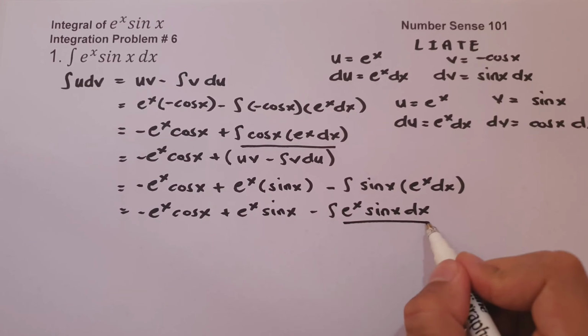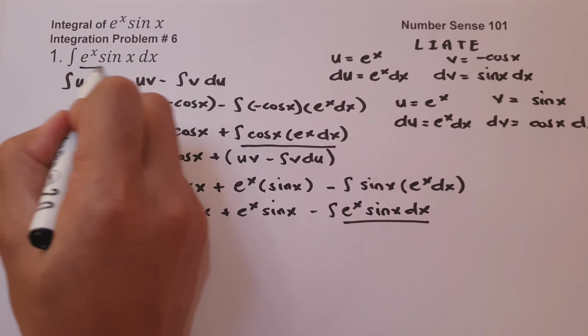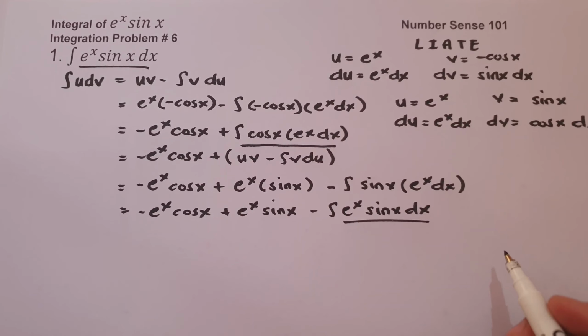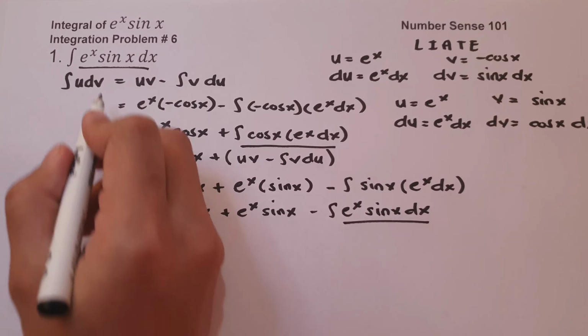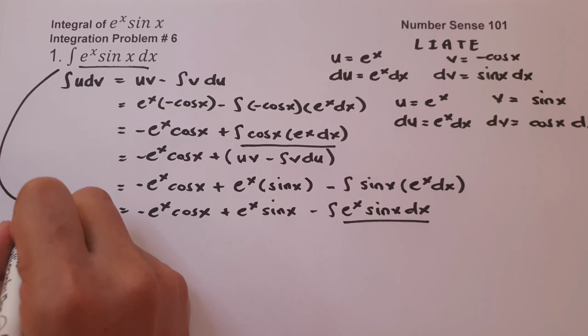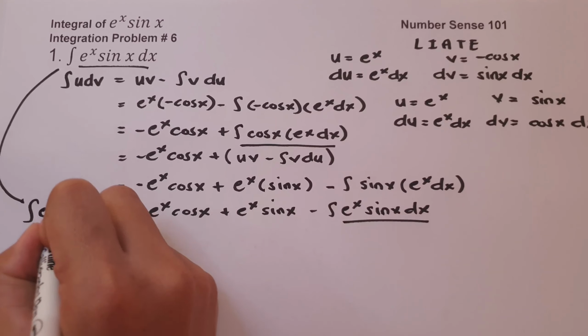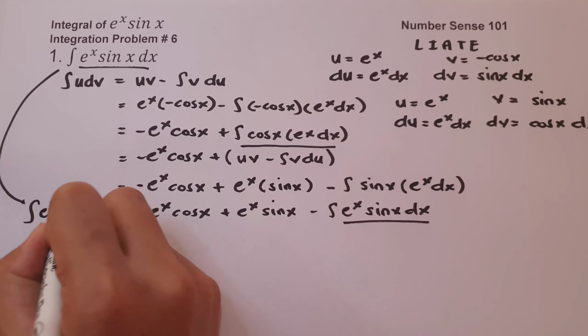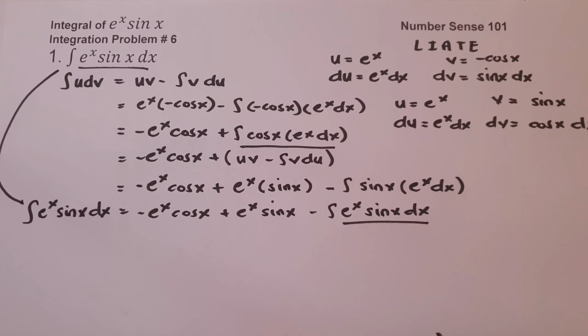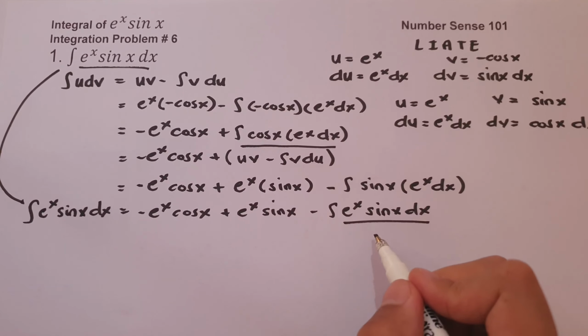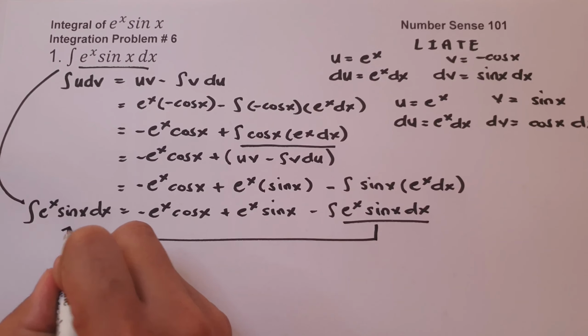As you can see, these terms are the same as our given. So I'm going to put this one in front: the antiderivative of e raised to x sine x dx. And the next step, I'm going to move this one to the other side of the equation.